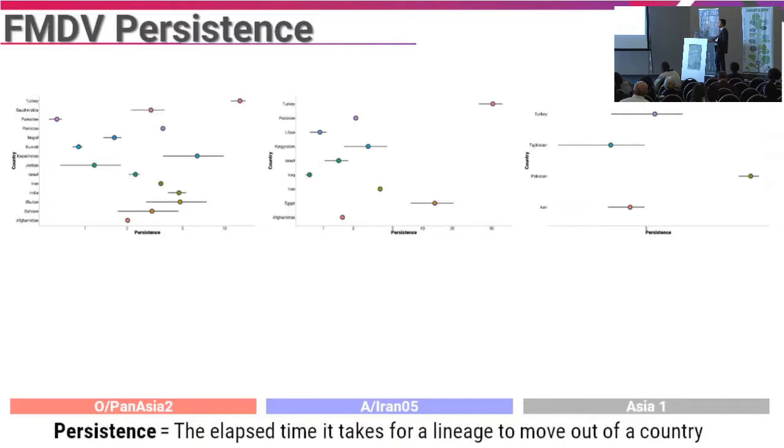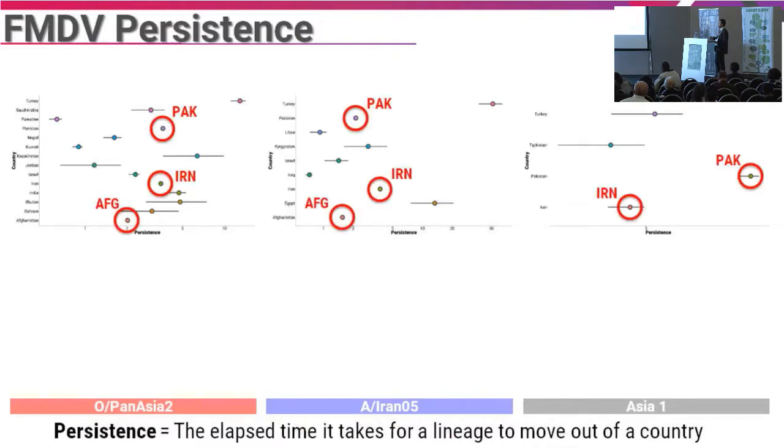So when we are looking at the persistence, we see that there are two kinds of trends. There are Afghanistan, Iran, and Pakistan in the Middle East, where the persistence is really low, around 1-2 years. And every 1-2 years, there is a new lineage that is coming out of the country and is introduced in a new ecosystem. Then there is the clear status of Turkey, where the persistence is quite high and nothing is coming out of the country.